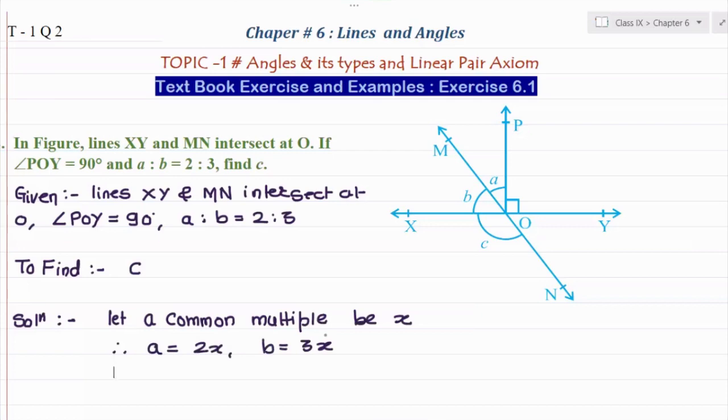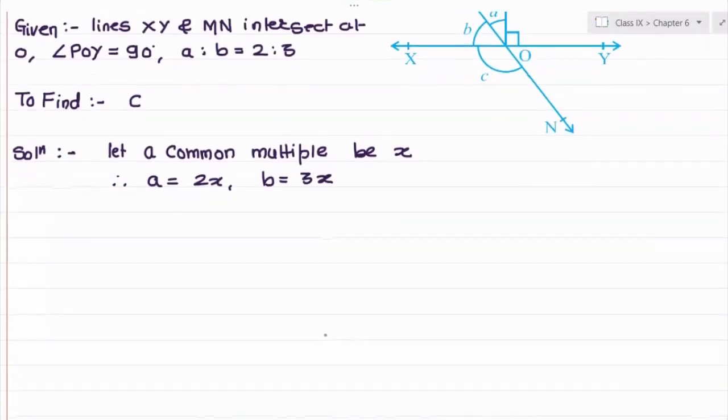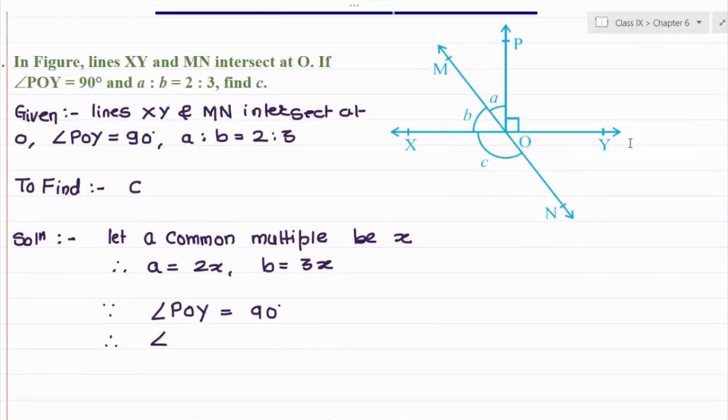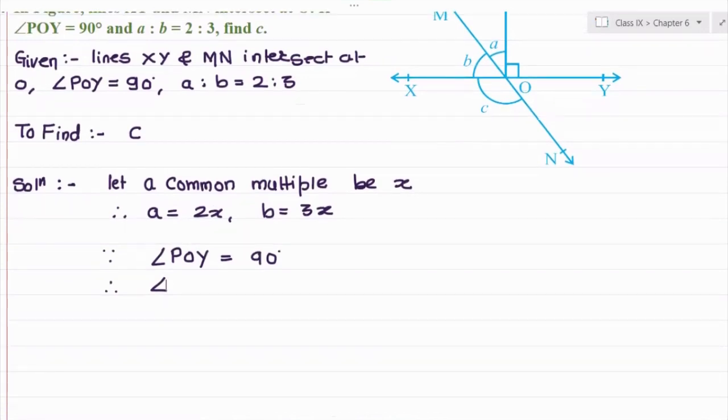Now further, since angle POY is given to us as 90 degrees, therefore the remaining angle, the angle adjacent to POY, will also be 90 degrees. See, angle POY and angle POX both form a linear pair, or you can say their line is perpendicular.